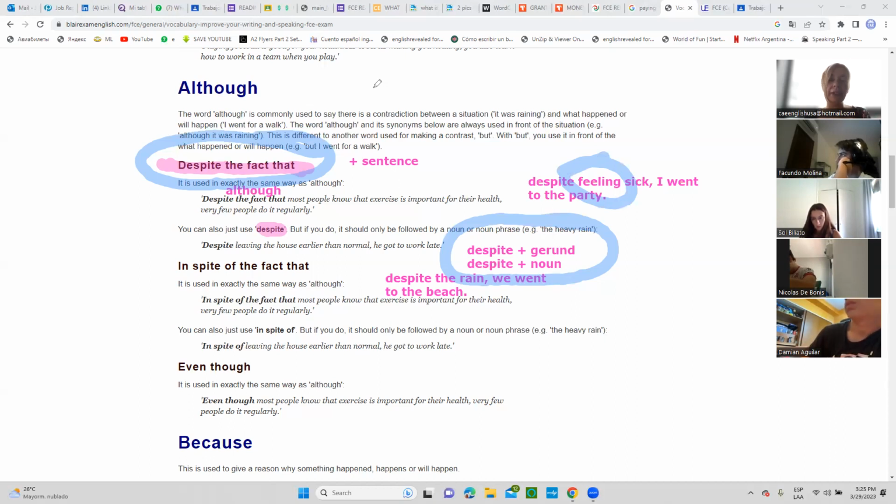"Despite I was feeling sick," no, that's wrong. You want to write a sentence? Remember, despite the fact that, and now we have subject plus conjugated verb. Despite the fact that I was feeling sick, I went to the party. If not, only despite and gerund. Despite feeling sick, comma, I went to the party.